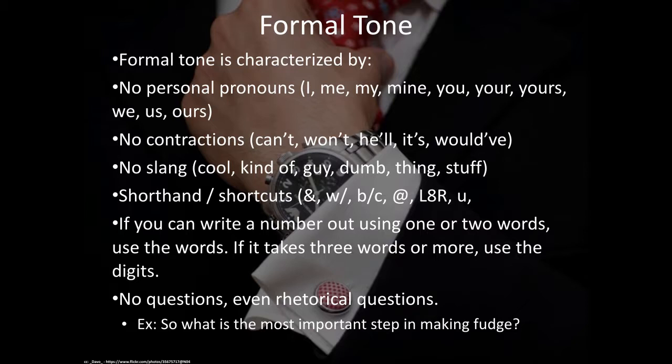We are careful with our numbers, and there is a rule for that. If it takes more than 3 words to write out the number, we use the digits. But if we can do it in 1, 2, or 3 words, we use the words. And we don't ask questions, even rhetorical questions, because we're delivering information to the reader.